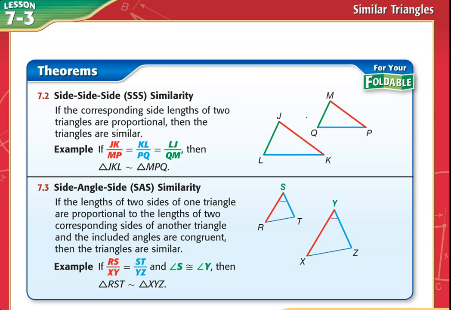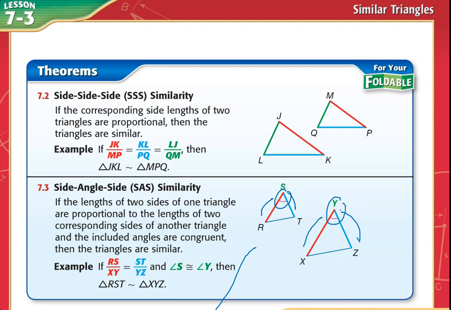We also have side-angle-side similarity. If we have side RS compared to XY, so RS divided by XY equals the ST length divided by the YZ length, if those are the same, and if angle S is congruent to angle Y, this is called the side-angle-side similarity.